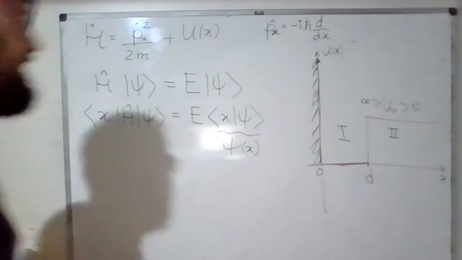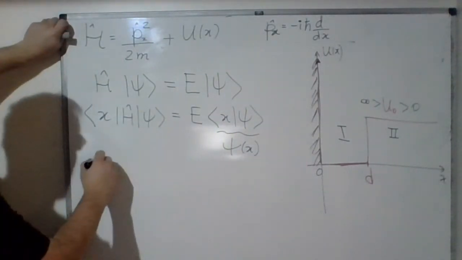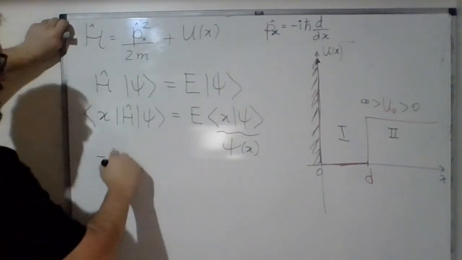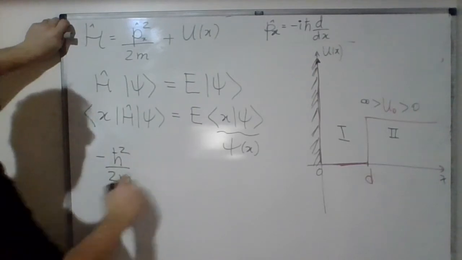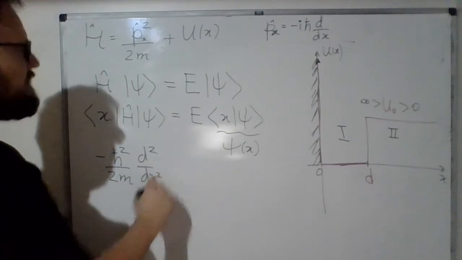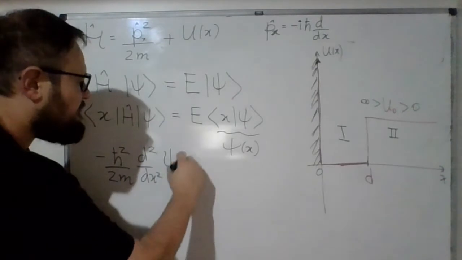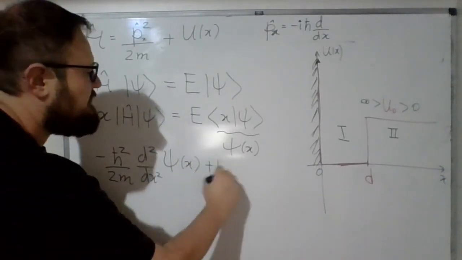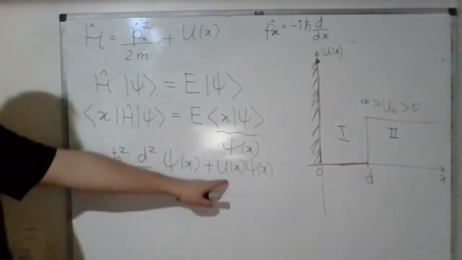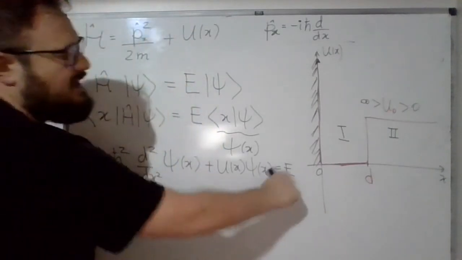It's a time-independent equation, so it's an eigenvalue problem, and we will have minus h bar squared divided by twice the mass, second derivative, because it's the square of that operator. It acts on the wave function psi of x plus the potential, which acts also on psi of x, and this is to be equal to the eigenvalue of the problem times psi of x.